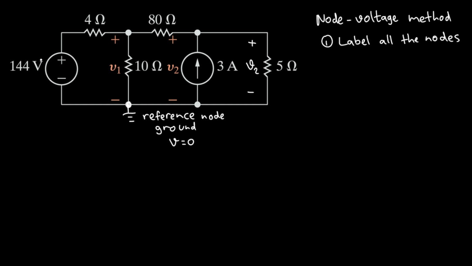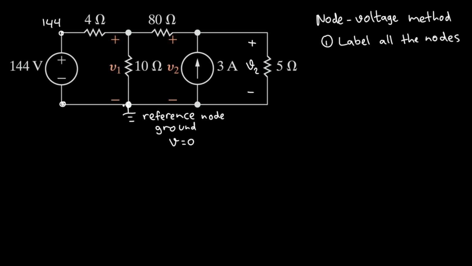Remember, from voltage source, we know that the difference between this node and this node here has to be 144 volt. But here this one will be 0, so the node here, which is the value here, right? So that the difference will be 144. So we'll have the node here is 144. Good.